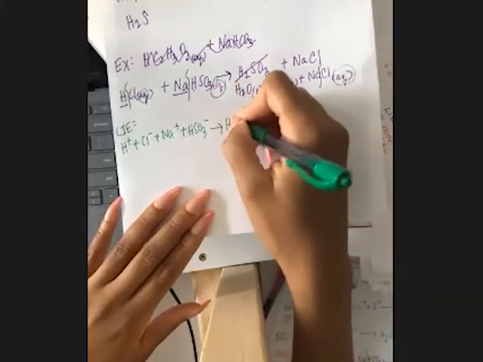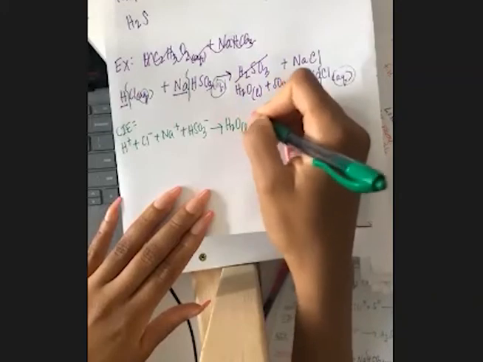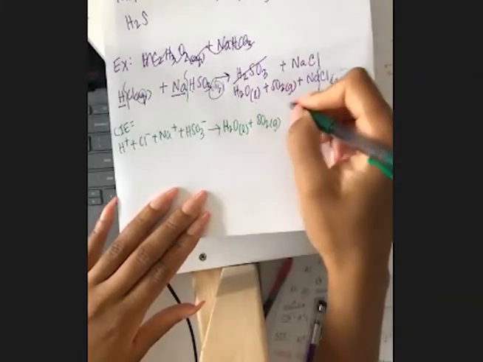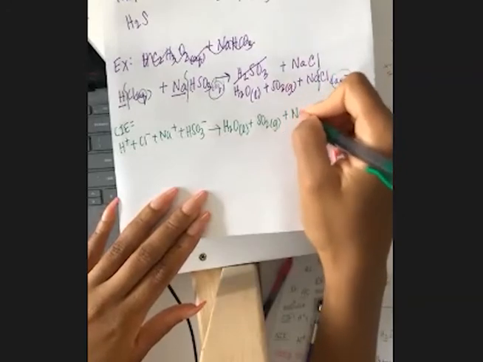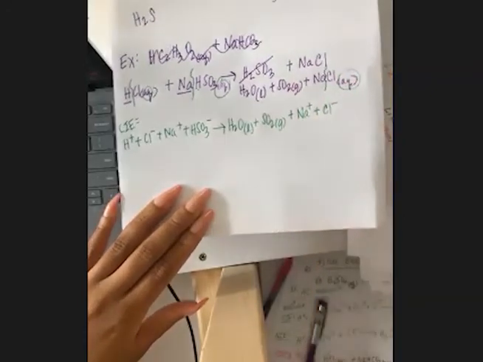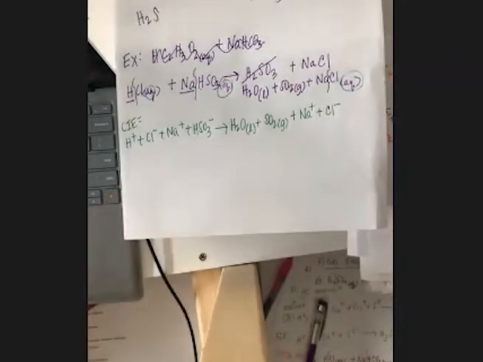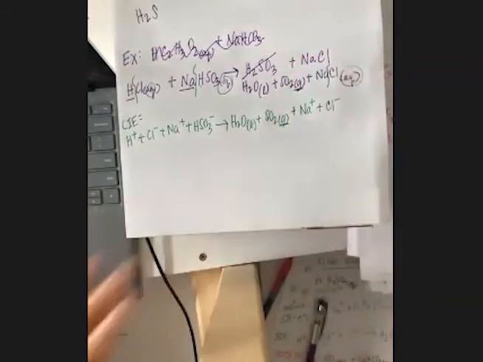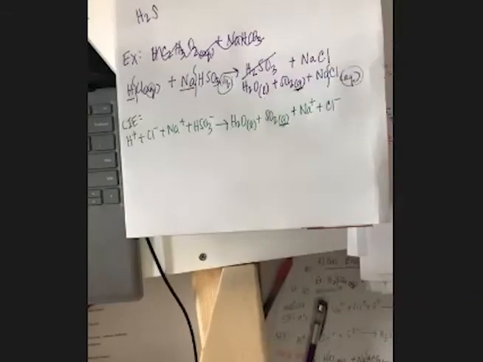So H2O stays together, sulfur dioxide stays together, but my sodium breaks apart. And remember, these are gas evolution reactions because they form a gas. Anything that forms a gas, we call a gas evolution reaction.